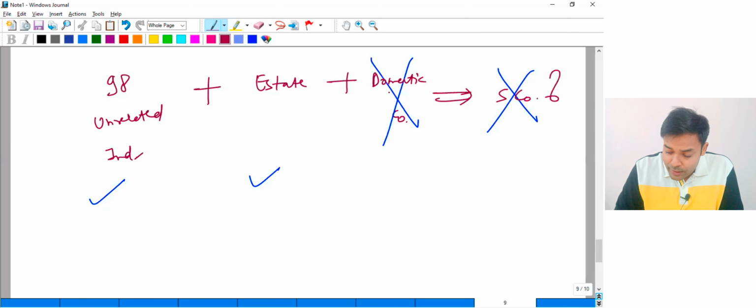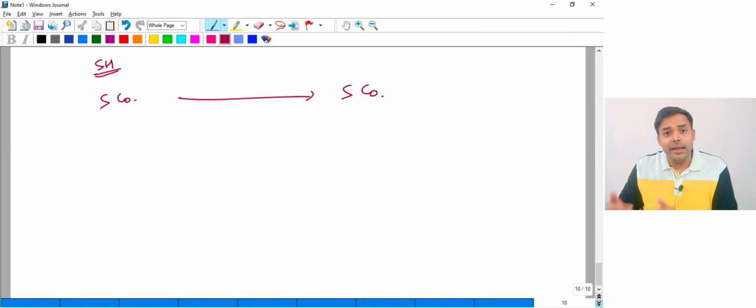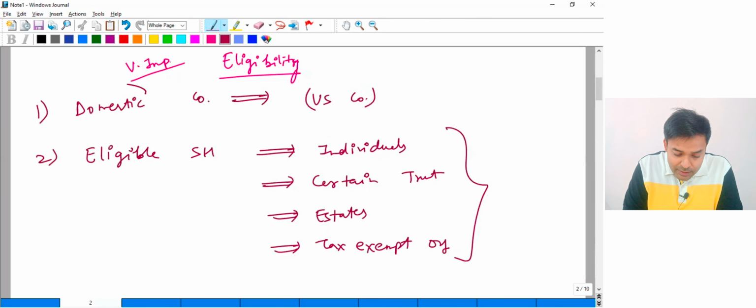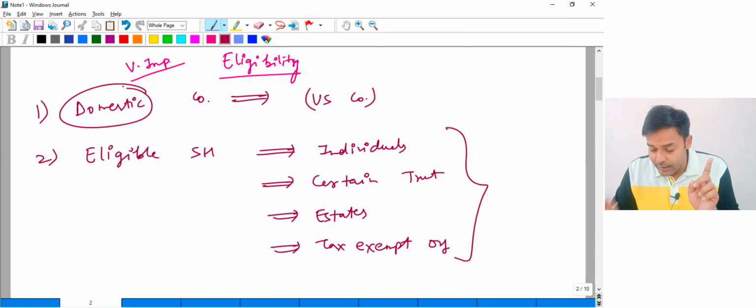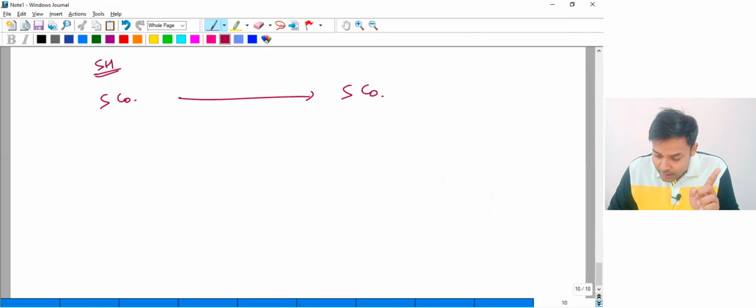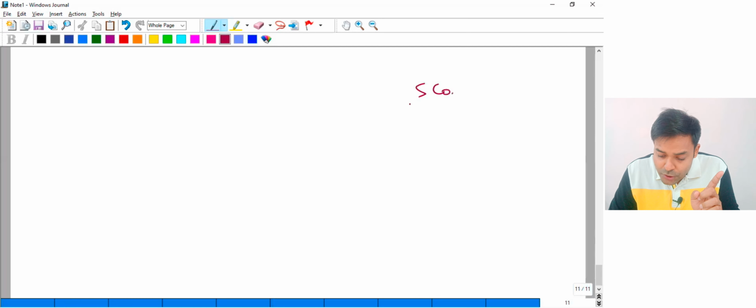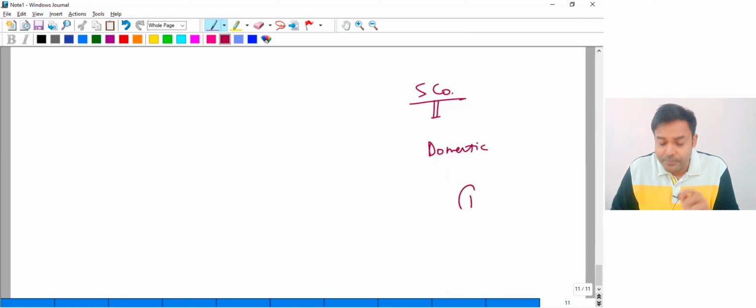Okay. Guys, here we are saying that a domestic company cannot be your shareholder. This point and this point, which we have done, both mention the domestic company. Please don't get confused in that case. In the first point, we are saying that the S corporation should be the domestic company. This is condition number 1.